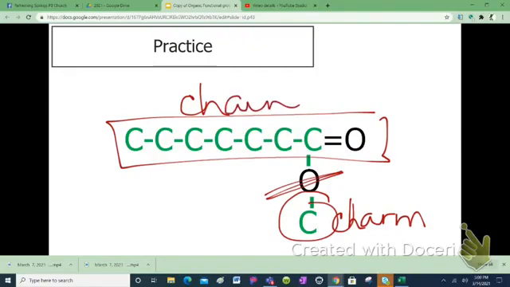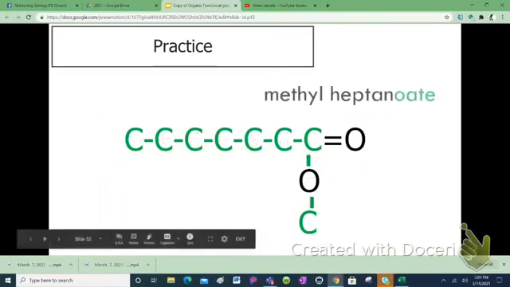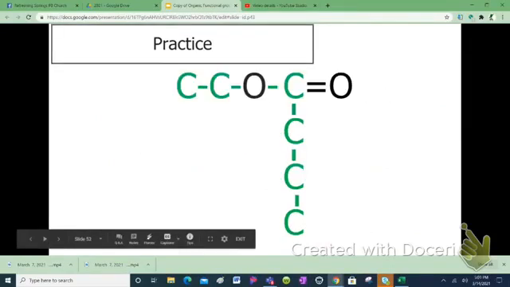There's only one carbon, so this is methyl. And my chain is 1, 2, 3, 4, 5, 6, 7. So that would be heptanoate. And let's check ourselves to see if we got it right. Methyl heptanoate.